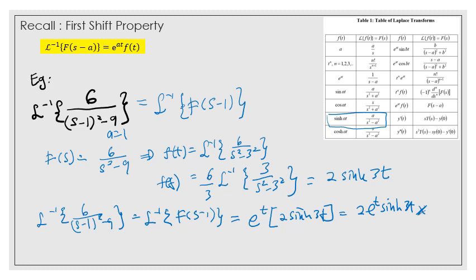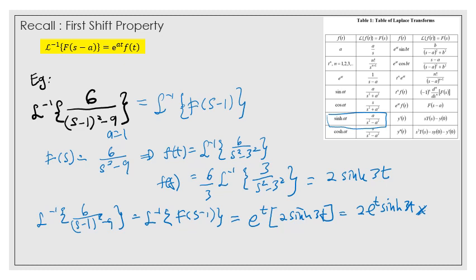So this example is quite easy for us because the question here is quite similar to the pattern inside the table. And the s here is already in factorized form and it is attached to a minus constant.